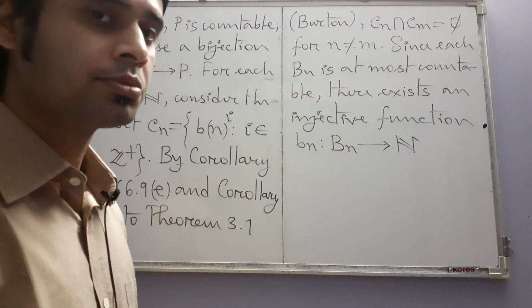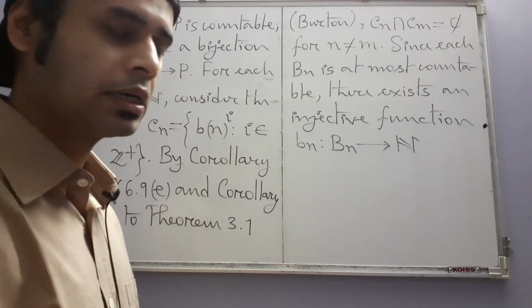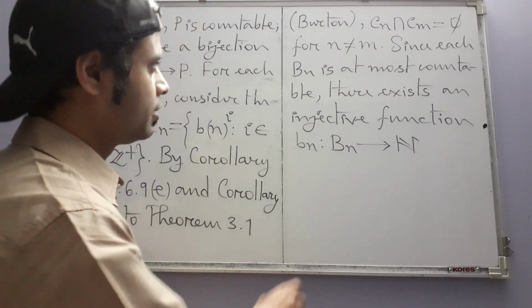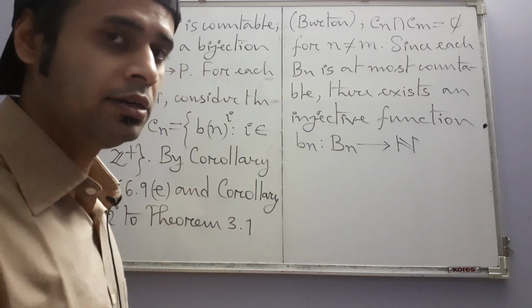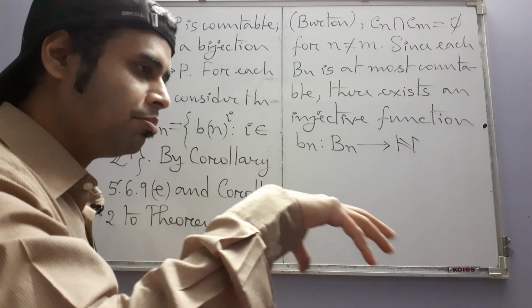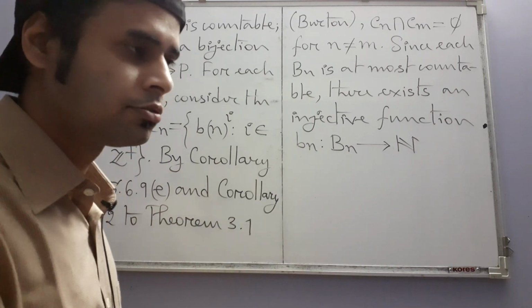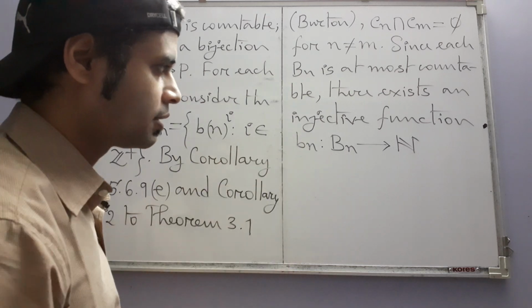Maybe there are multiple such functions. We don't really know how many, but at least one function is there. And how many Bn's are there? Countably many, infinitely many. So it's like you have infinitely many boxes from each one of which you are picking one injective function.